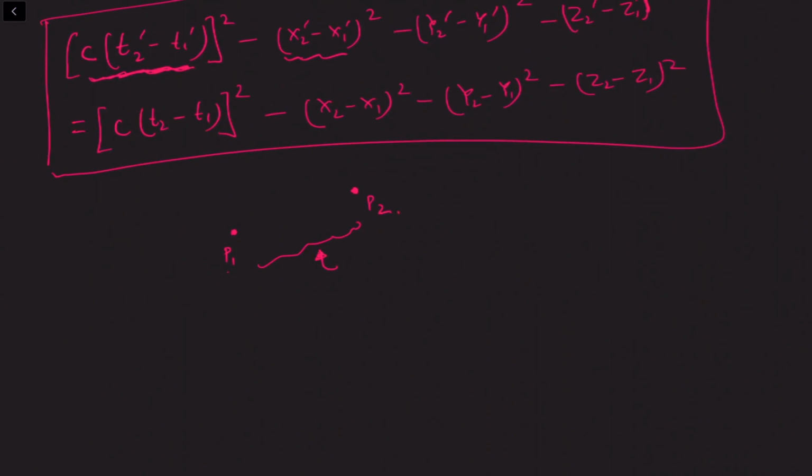So this allows you to calculate a single number from two space-time points, and all observers agree on the value of this number.